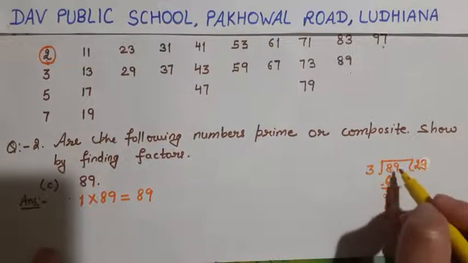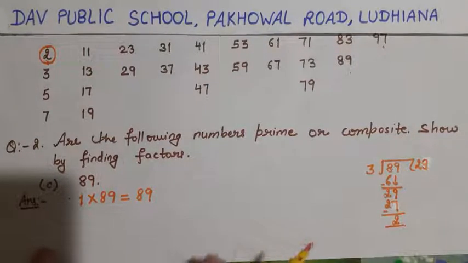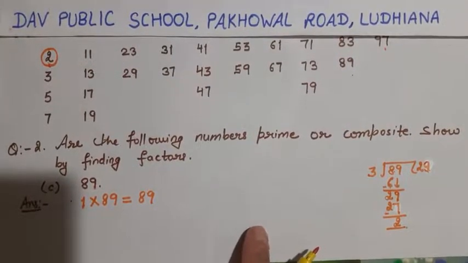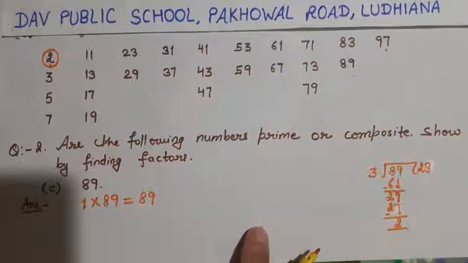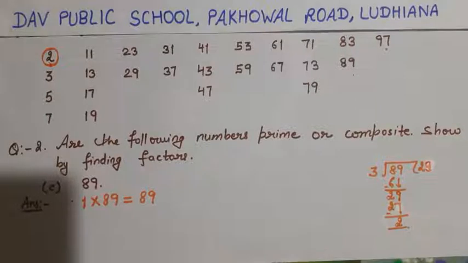So 3 is not a factor of 89. Now you will check for other numbers also. 89 will not come in any other table except 1 and 89. You can see by dividing by other numbers.